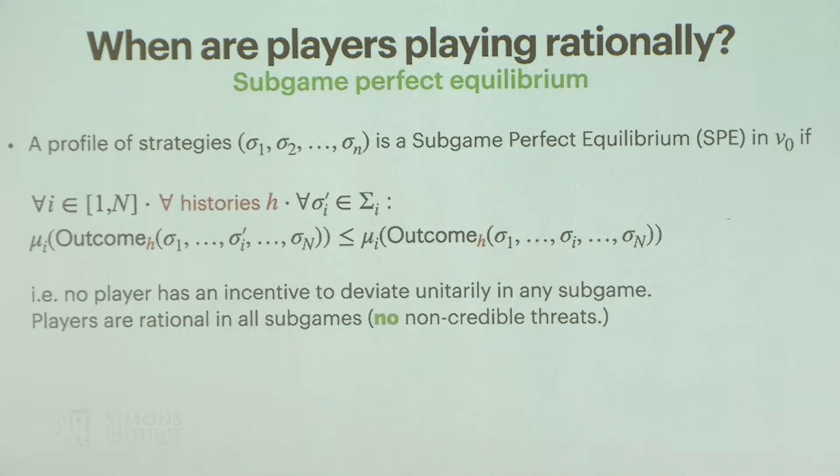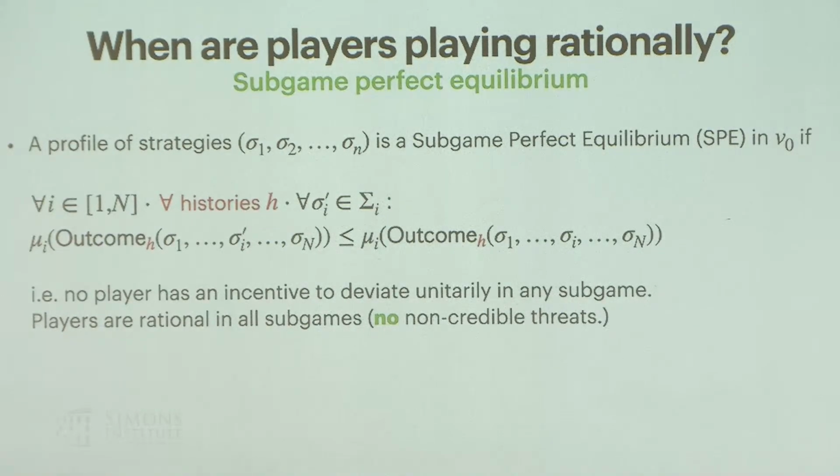Okay, so now what's the formal definition? So it's very similar to Nash equilibria with the important difference that we are quantifying over every history, and we want that for every history, what we have is a Nash equilibrium. Okay, so no incentive to deviate in any of the subgames.